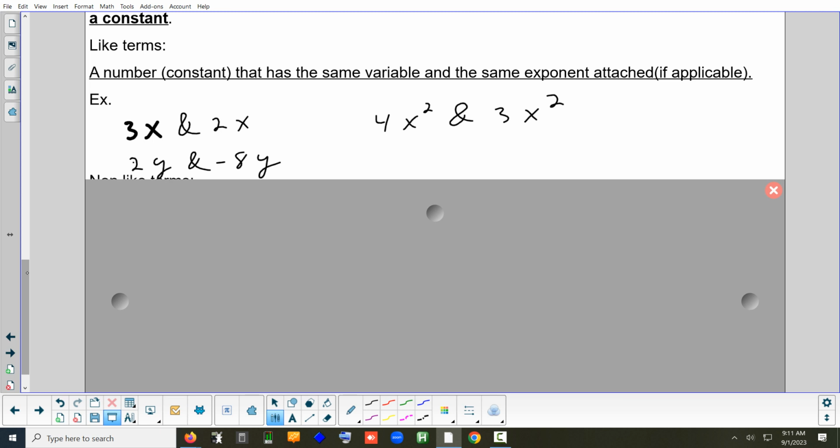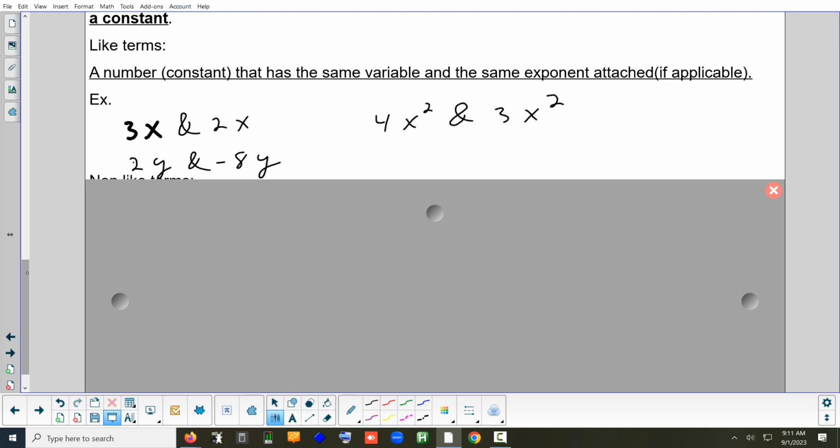So 3x and 2x, that's an example of like terms. You already wrote some examples down yesterday. I just put some other ones up here. There's another one, 2y, negative 8y. So when you think like terms, if things are alike, they have to look similar.